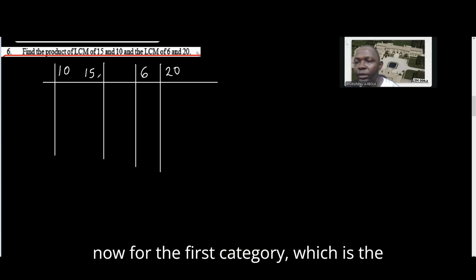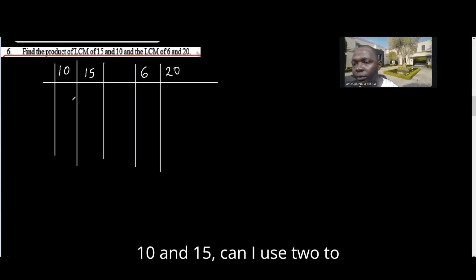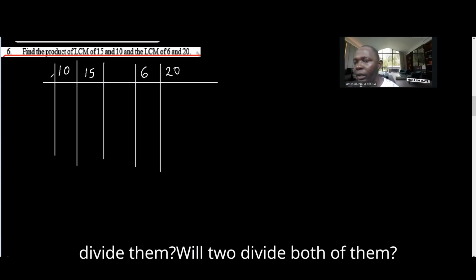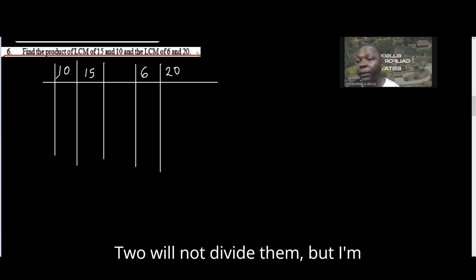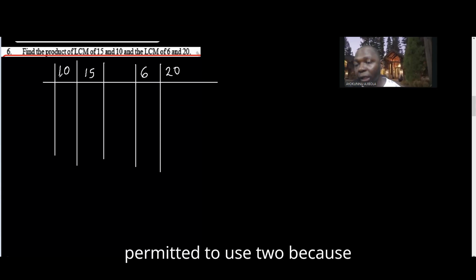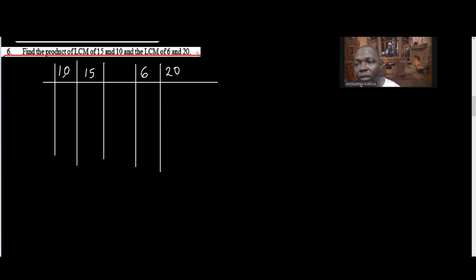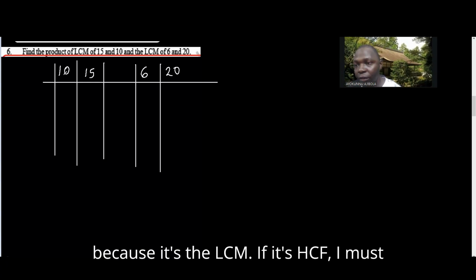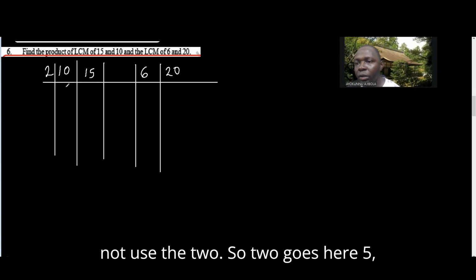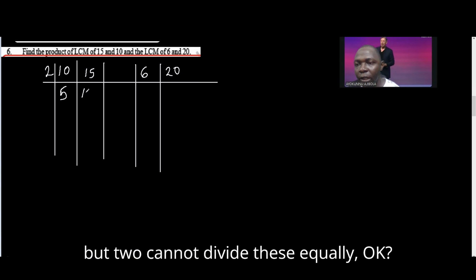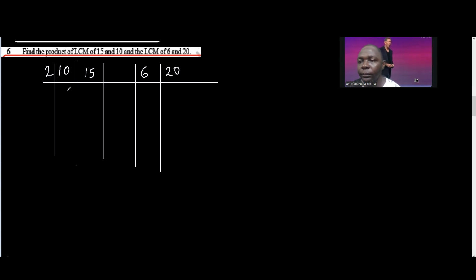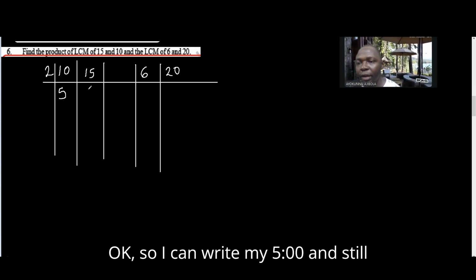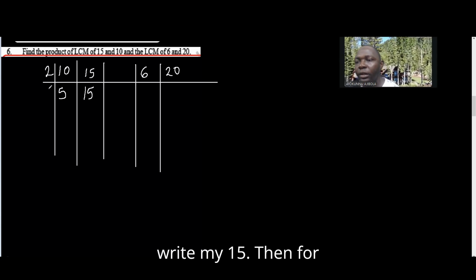Now for the first category, the 10 and 15, can I use 2 to divide them? 2 will not divide both of them, but I'm permitted to use 2 because it's the LCM. If it's HCF, I must not use the 2. So 2 goes here, 5, but 2 cannot divide this equally, so I write my 5 and still write my 15.